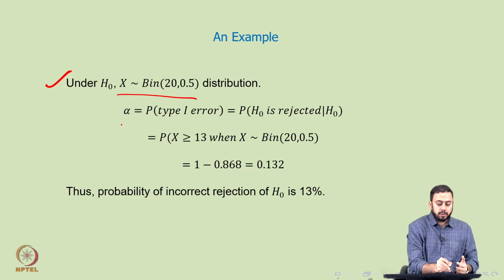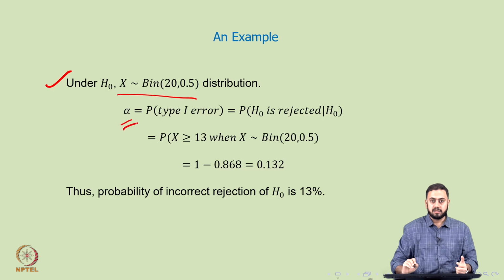Now, how do you find alpha? You have to go by the definition. Alpha is the probability of type 1 error, which is the probability of rejecting the null given that the null is true. From the last slide, you will reject the null when x is at least 13.